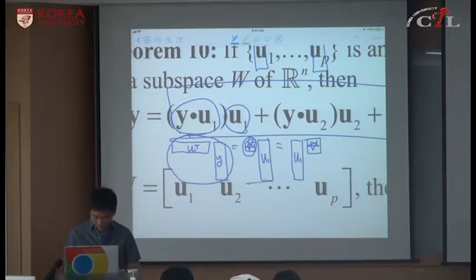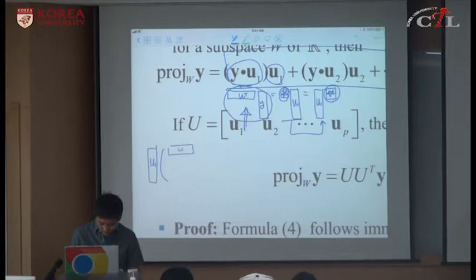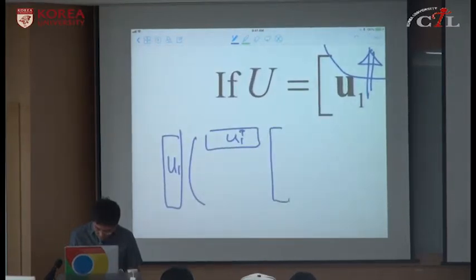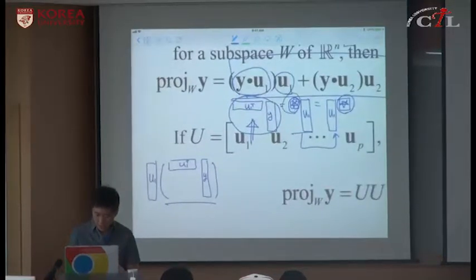Then we change the order of this multiplication, and that part becomes u1 and u1 transpose, and our vector y, right? This was the inner product that produced a scalar, which is our star here.